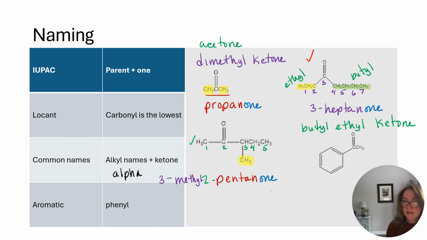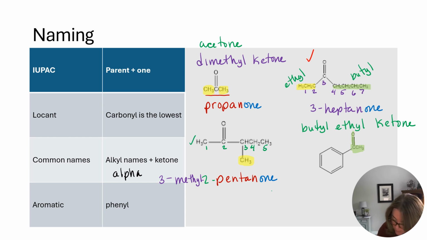All right, we'll tackle our last one here. For our aromatics, these will be phenols. Well, let's just follow the whole naming system here. Okay, so notice that I've got my ketone, my carbonyl right here. So my phenol is off of my ketone.